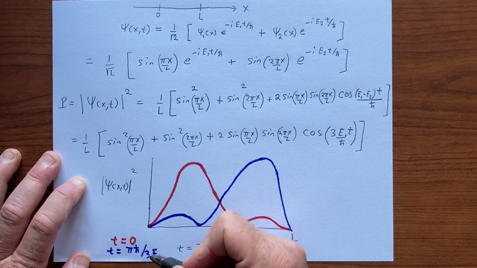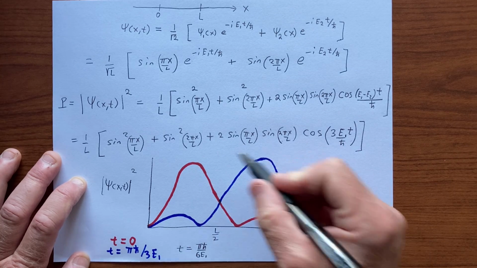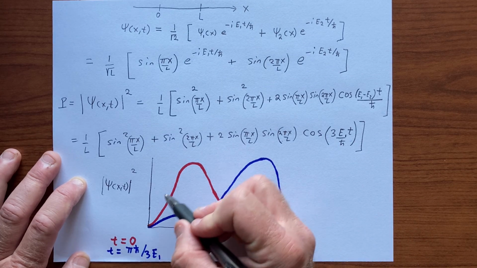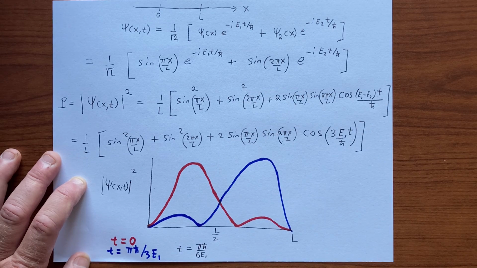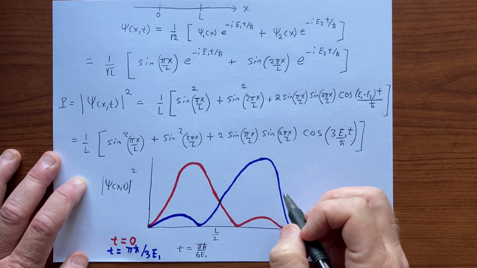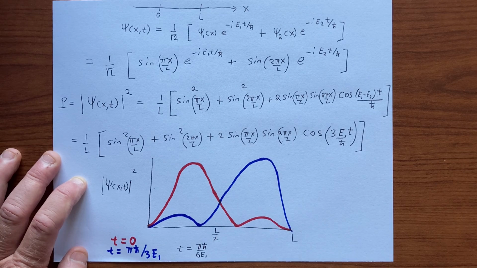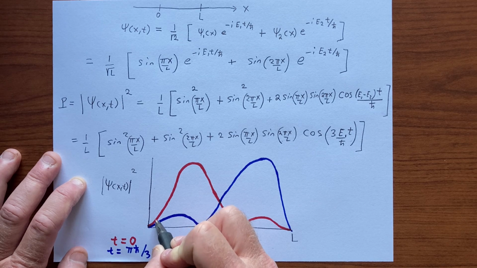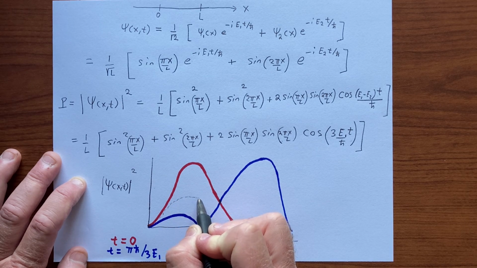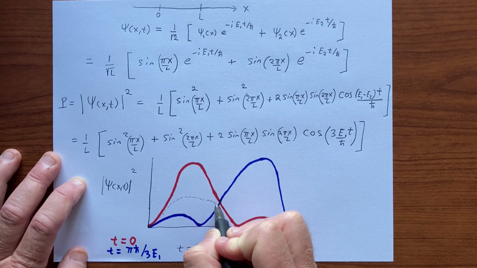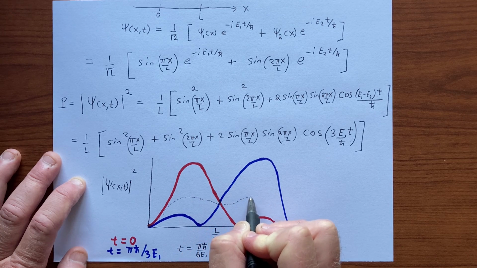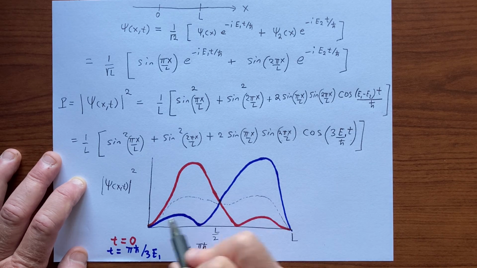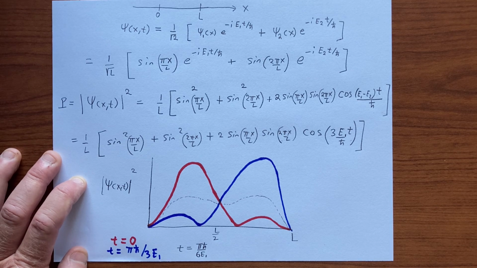But that's just a combination of one big bump that we squared, the sine of pi x over L, and the sine of 2 pi x over L, which looks like this, but we square that, so we just get a completely symmetric function about L over 2, and that's going to look like, let me try to do it like that. We're not going to come down to 0, but we will, and this is supposed to be symmetric, so we can flip these two sides and get the same function. So it's something like that.